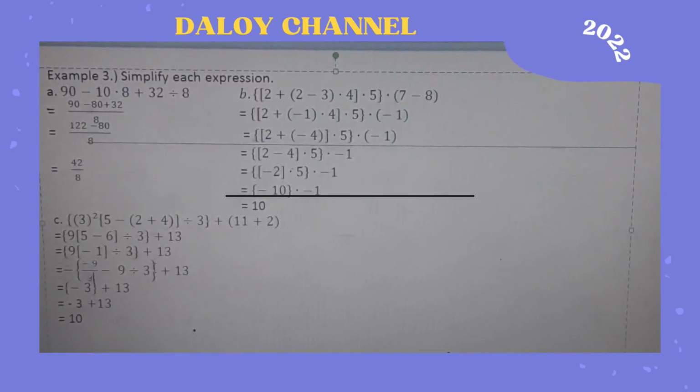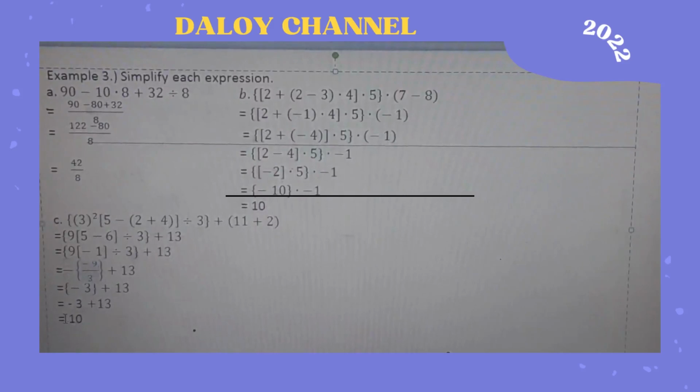So at this point, it's very clear that we are turning the process of dividing numbers in horizontal position to vertical. It's simply a division of negative 9 over 3. So negative 9 divided by 3 is negative 3.